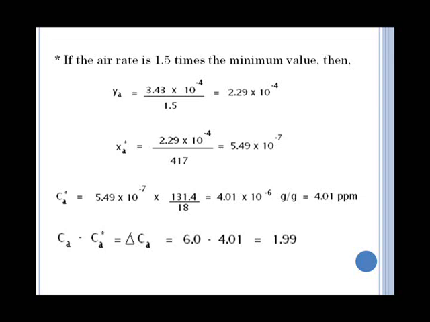In the formula for calculating the number of transfer units, CA minus CA star equals delta CA. We obtain 6.0 ppm for CA minus 4.01 ppm for CA star, and delta CA would be equal to 1.99 ppm.